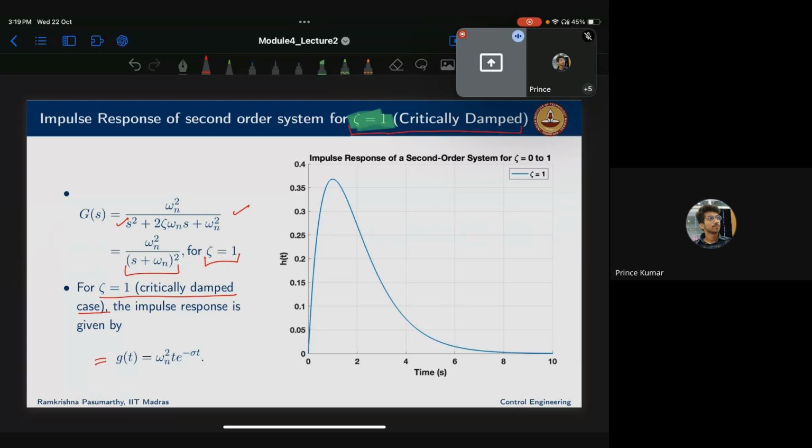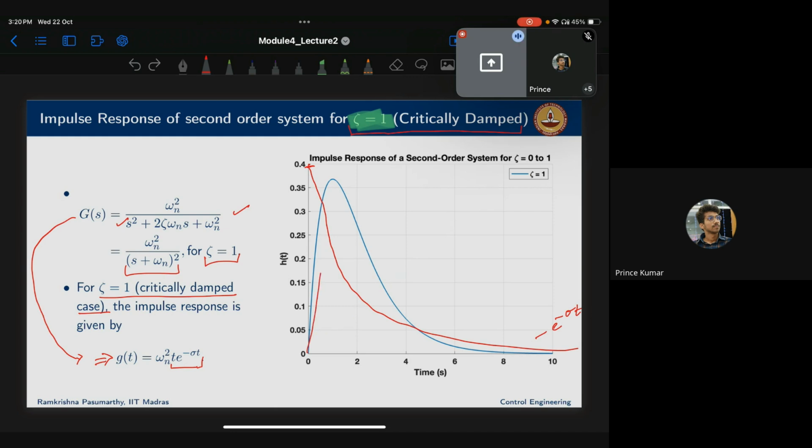In that case, if you take the inverse Laplace, we get omega n square t e power minus sigma t. Here you have two terms. E power minus sigma t starts somewhere here and reduces like this. Then we have t, which would be like this.